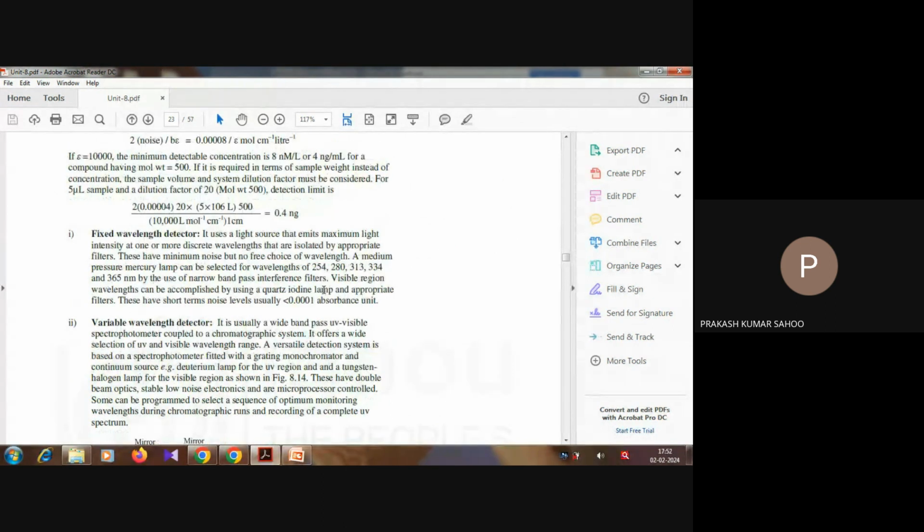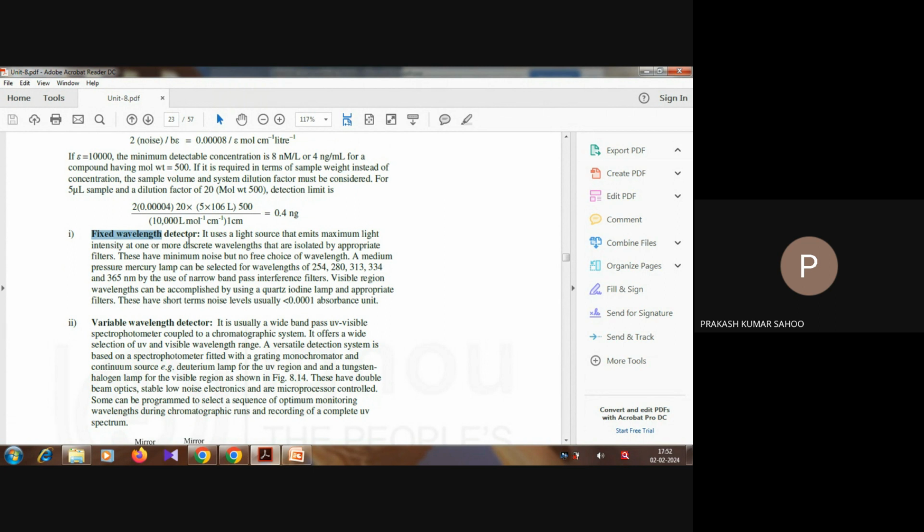Then we have the fixed wavelength detector under UV, where the wavelength is fixed. That means the variation will be in the absorbance. Then a variable wavelength detector means there is a difference in wavelengths under different conditions or the type of sample to be analyzed or separated.